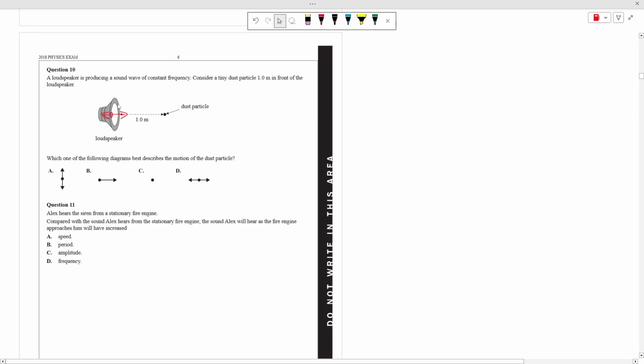So all the air particles are moving in the same direction as the diaphragm, back and forth, or left and right from our point of view. So the dust particle will be moving left and right. The best one that matches that is option D.